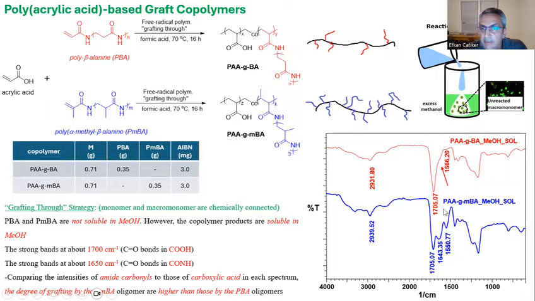But it's interesting that from the comparison of the carbonyl bonds or NH bonds, it can be predicted that the grafting of methyl beta-alanine is higher than that of beta-alanine. It's just a prediction, not a quantitative analysis, but it's a prediction.